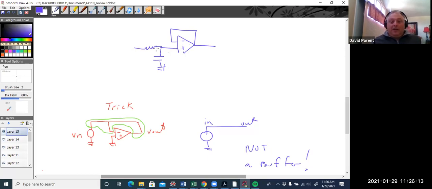And so I can figure out whatever is going on here in time or frequency, and then V out is whatever that is here, but it's isolated. So I can drive a resistor here. But if I were to do this, now I've totally changed the circuit.